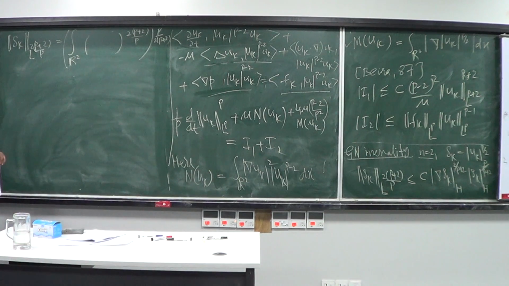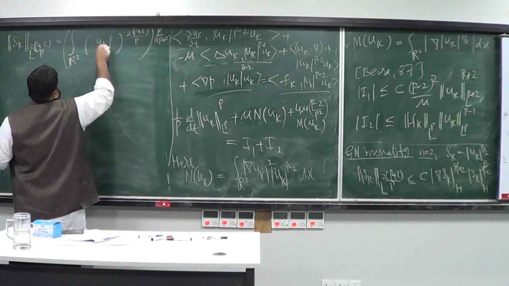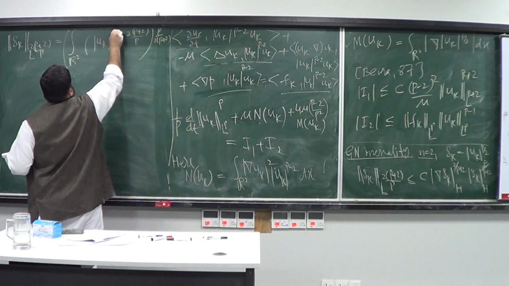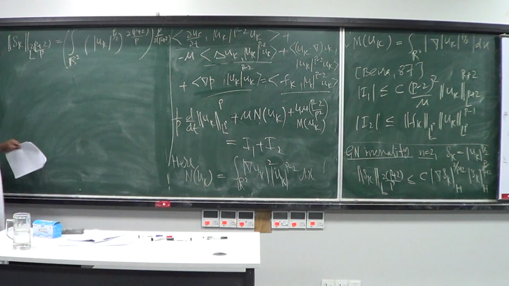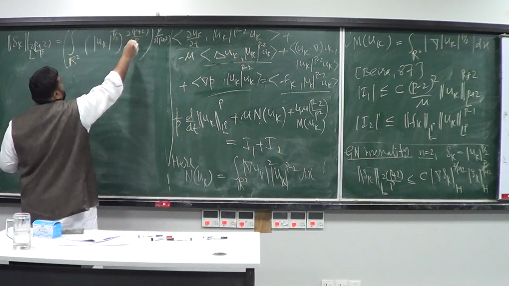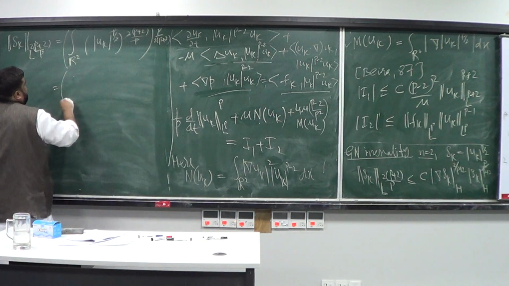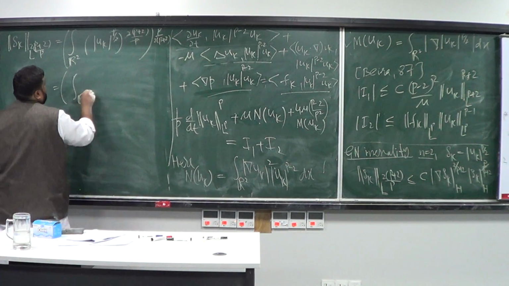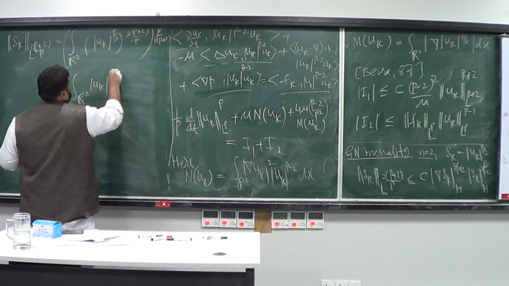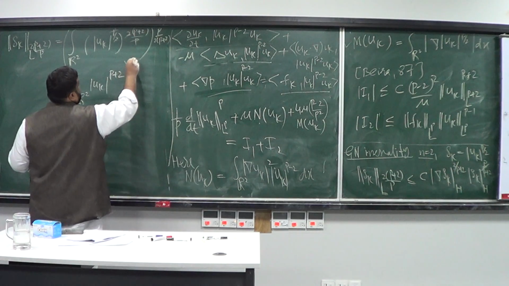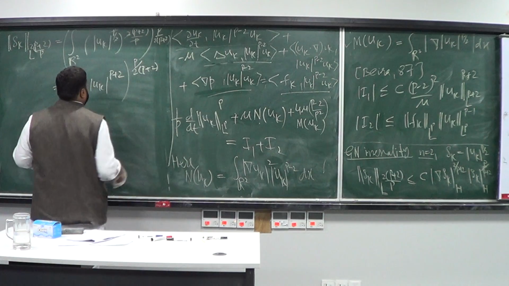But what is gk? The gk is the absolute value of uk raised to P over 2. So if you simplify it, you're going to get the integral over R2 of uk raised to P plus 2, and everything raised to P over 2 times P plus 2.